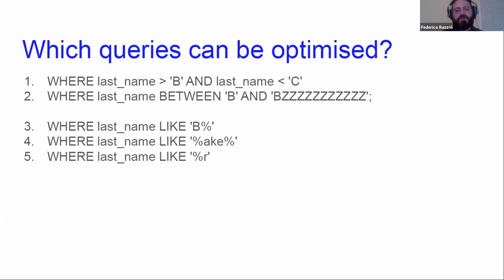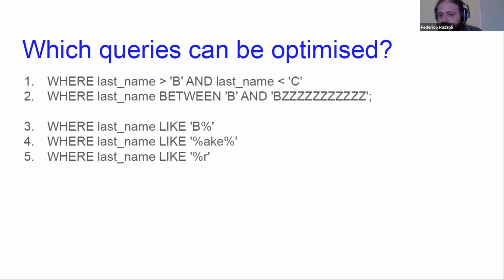And even if you don't remember these, again, think about the phone book. You can easily use it to find all the last names starting with B, but you cannot use it to find, for example, the last names ending with R. So let's continue.